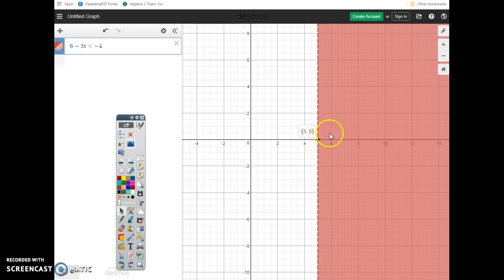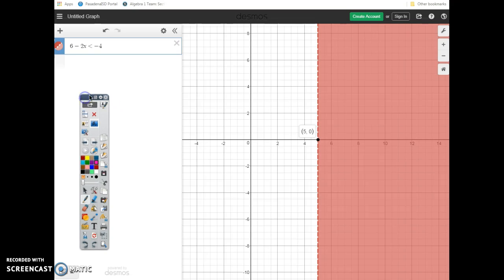Which way is it shading? To the right. Are these numbers greater than or less than? Greater than. What type of line is it? Solid or dashed? Dashed. So there is no line underneath it. So here is, you just have to memorize it. If it's going to the right side, that's a greater than. Okay? Which way is the arrow pointing? Look at this symbol and tell me which way is it pointing.